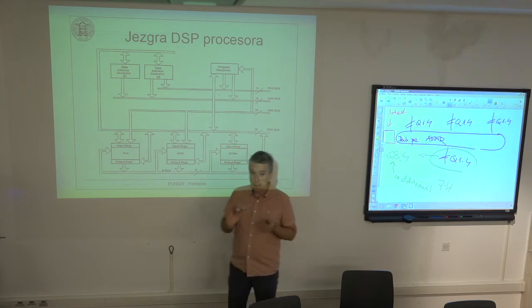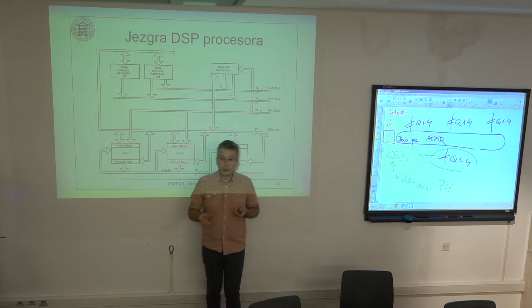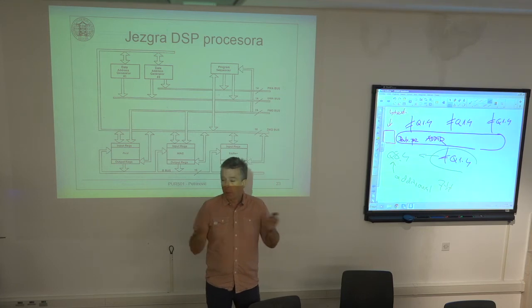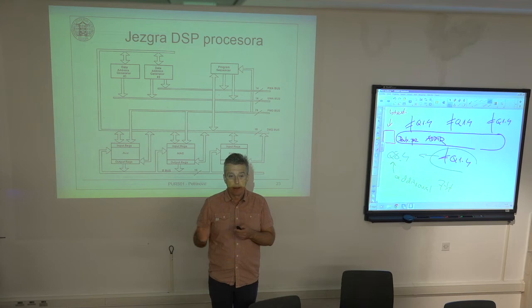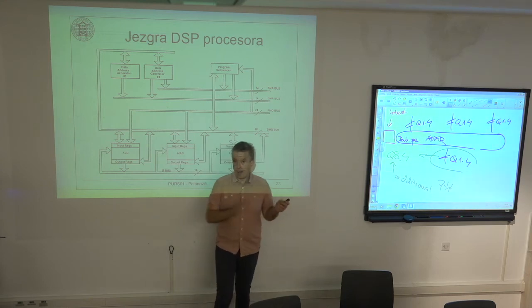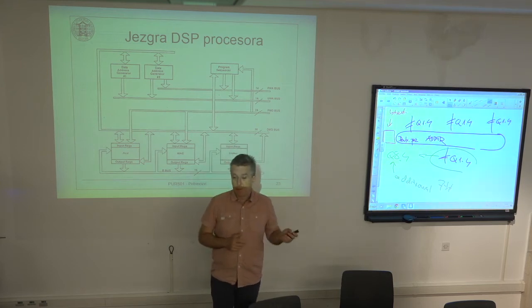It is called barrel shifter because it is capable of shifting the value not by one position to the left or right, but by several bit positions to the left or to the right. So, for example, you want to shift the value 5 bits to the left, or 5 bits to the right, or 17 bits to the left.